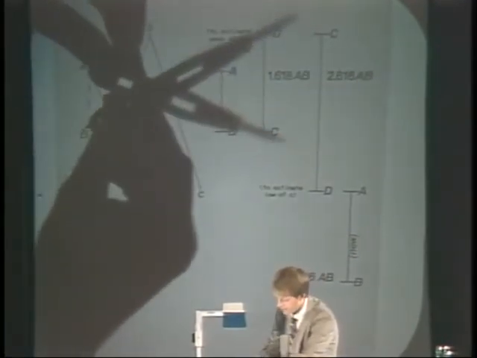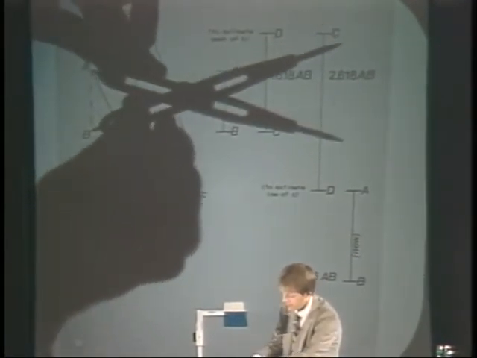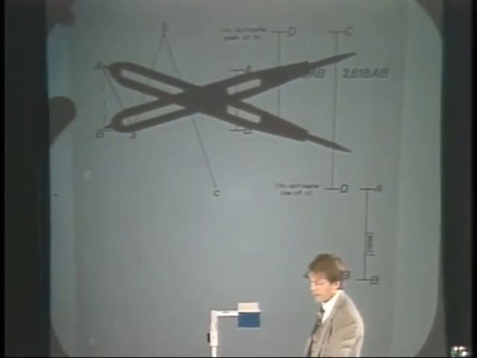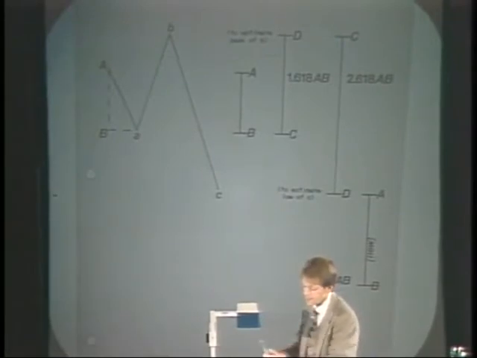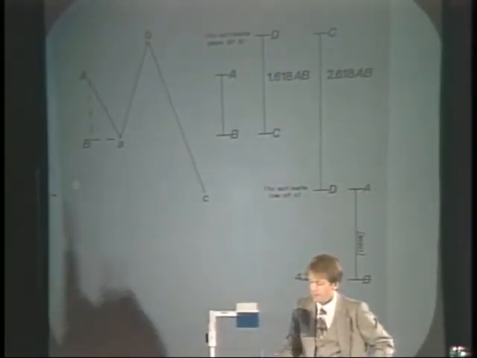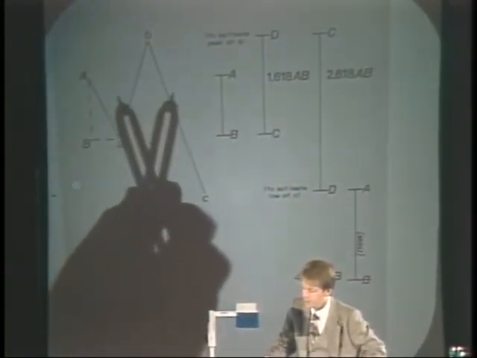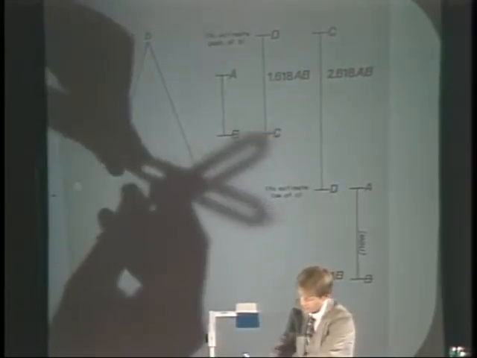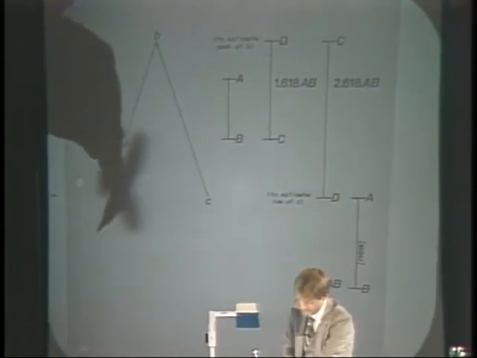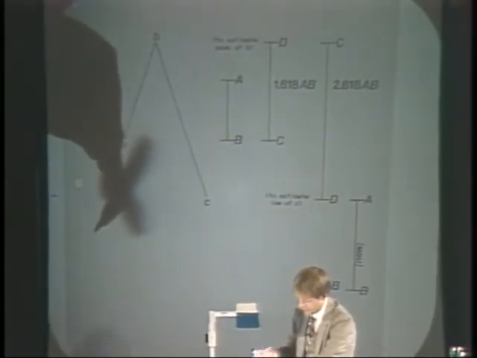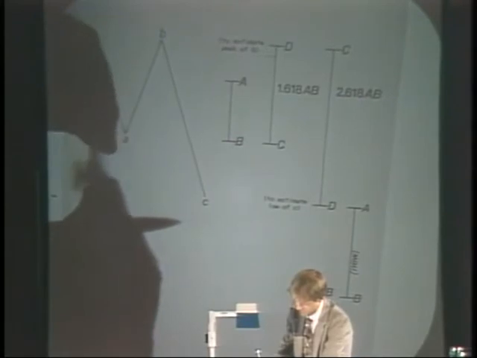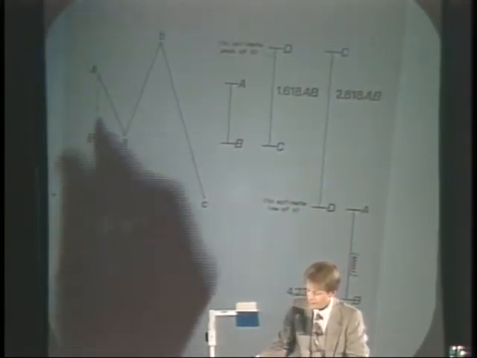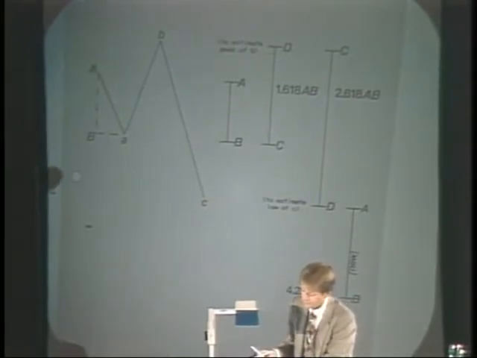And you measure that length, AB. Then, flipping the compass, the length between the 2 points at the bottom of the compass is 1.618 times AB. So if I were to come down and just make a mark right there, for example, that length is 1.618.